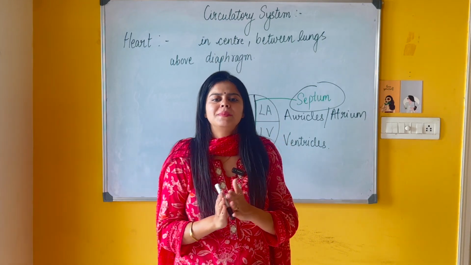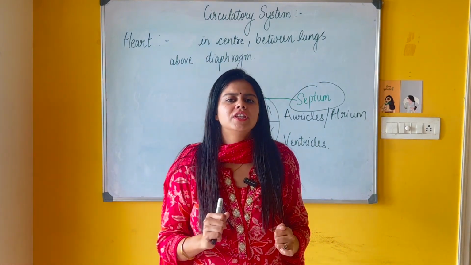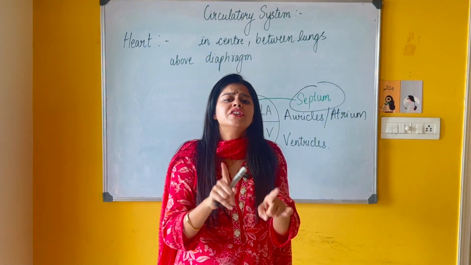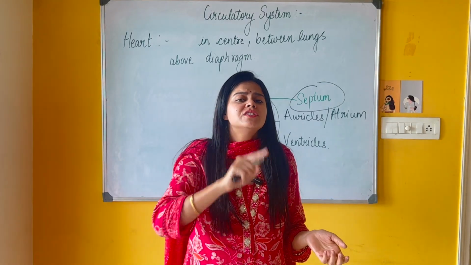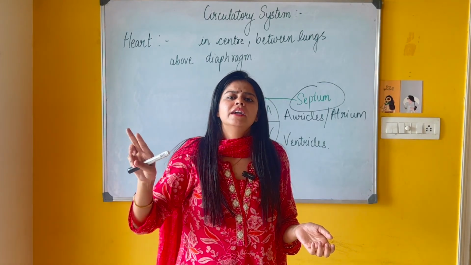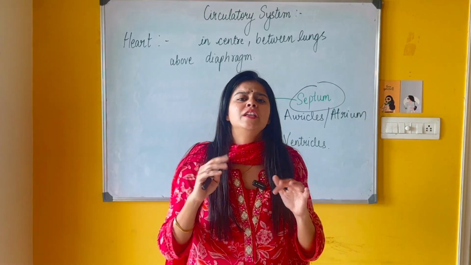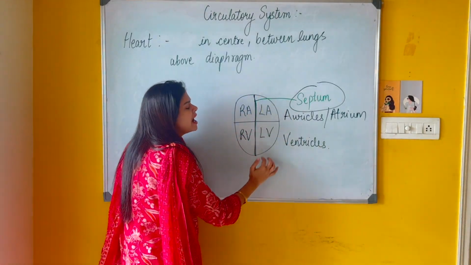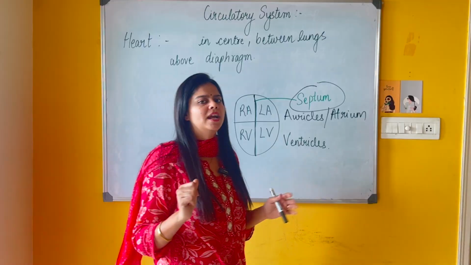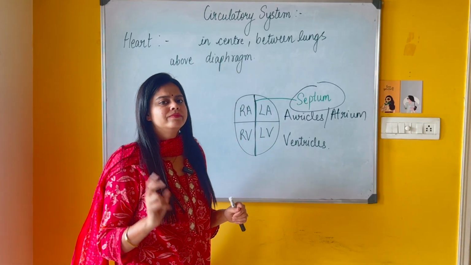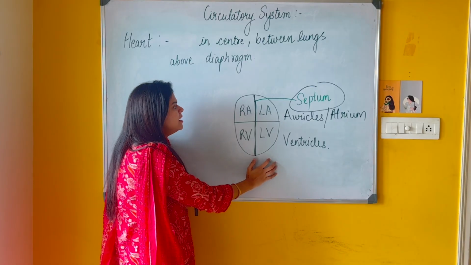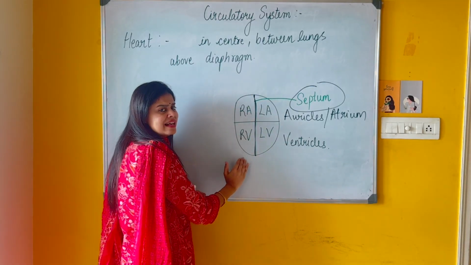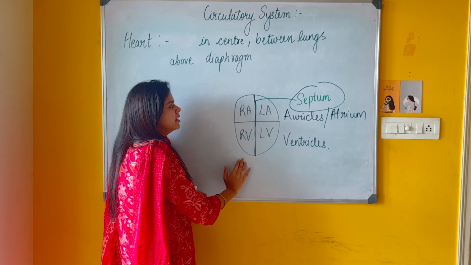You know the difference between oxygenated and deoxygenated blood? The blood which is rich in oxygen is oxygenated blood, the blood which is rich in carbon dioxide is called deoxygenated blood. Can you guess which side of the heart will have oxygenated blood? Left or right? Left side of the heart has oxygenated blood. Right side of the heart has deoxygenated blood.